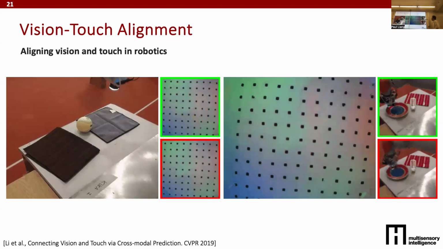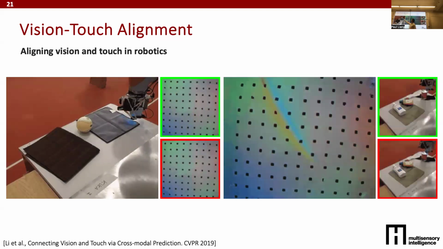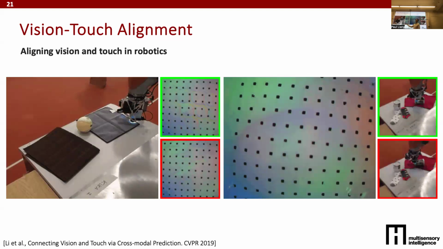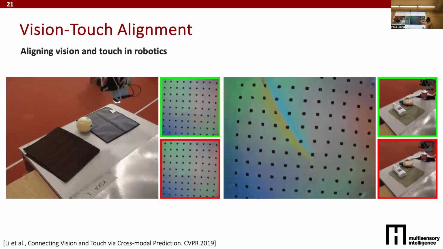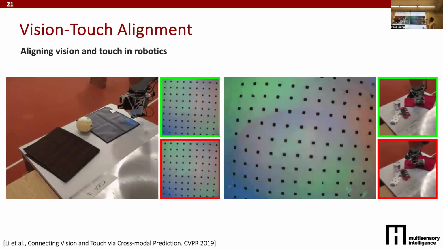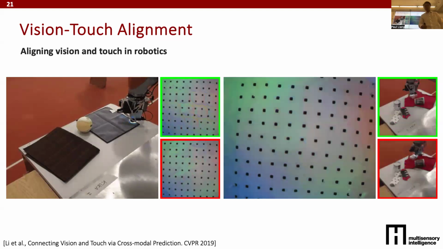And this red and green essentially shows data in which it was actually paired together. So this vision corresponds to that touch, and red shows incorrect touch patterns. And this is vice versa. This is the touch, the force that was sensed. This shows the positive visual pair, and this shows a negative, incorrect visual demonstration of the robot.